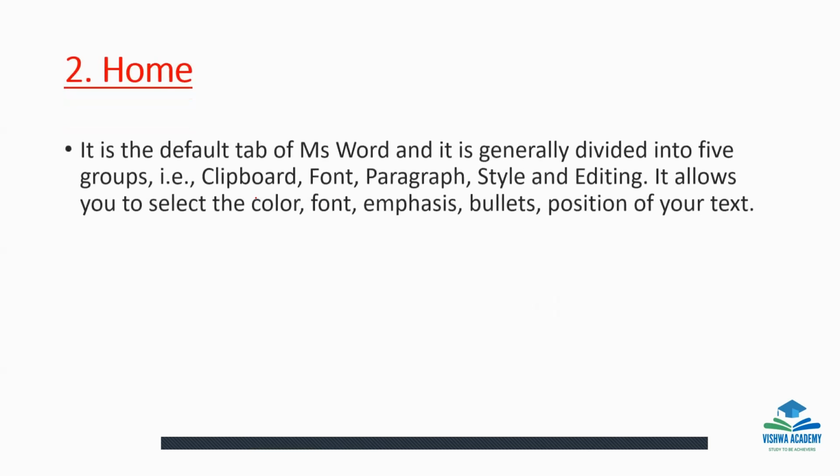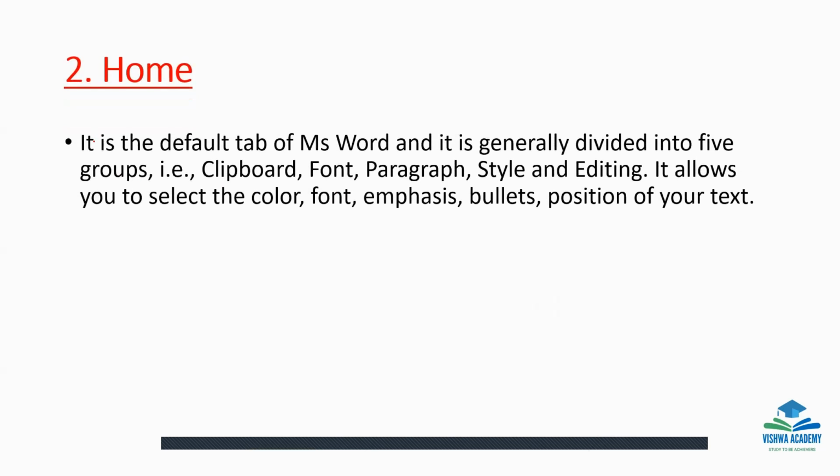The second one is Home. It is the default tab of MS Word and is generally divided into 5 groups. The first one is the clipboard, then font, paragraph, styles and editing, which allow you to select the color, font, emphasis, bullets, and position of your text.